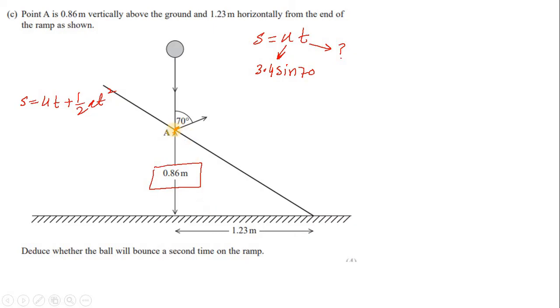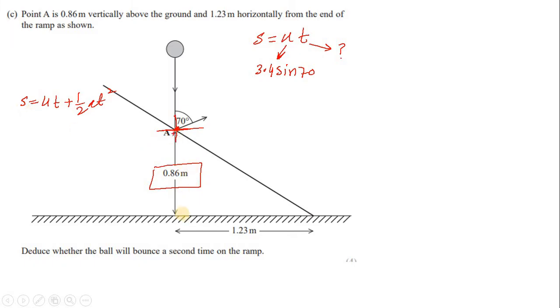It is below. So this is our origin, this is my x-axis, this is my y-axis. So this is lower or below the origin. For the sake of sign convention, because the displacement of the ball is below the origin, this s should be negative.